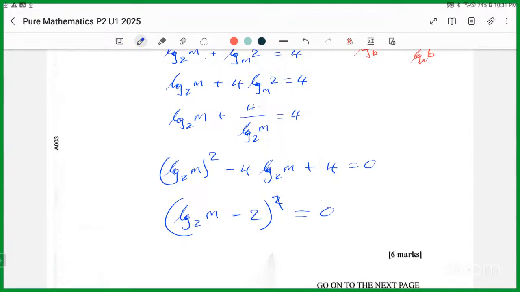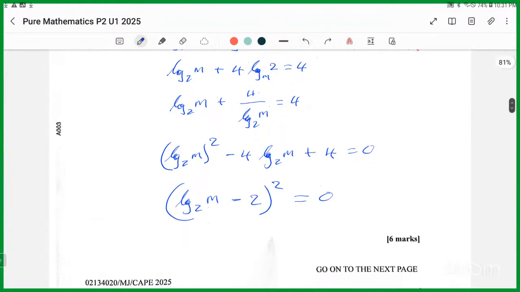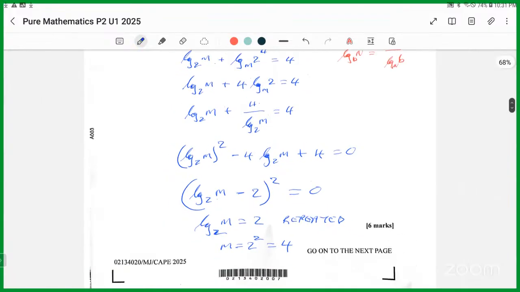There's a repeated root. We're going to get log to base 2 of m equals 2. That's repeated. Perfect square. Got it from here now. We get m equals 2 squared, which is 4. That's the answer right there.